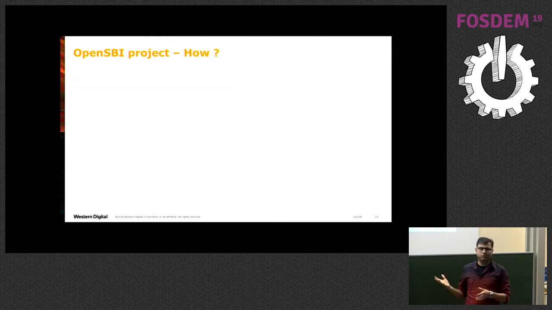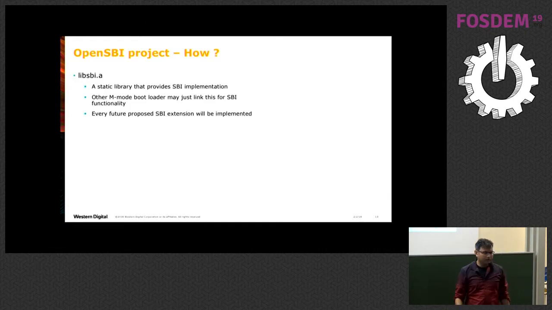So I said a lot of things about what OpenSBI does. Let's see how it does it, what exactly it builds, and how the objective is achieved using OpenSBI. First, it builds libsbi.a, which is just an SBI implementation. It's a static library, and it just implements the SBI. That's it. It doesn't have any other feature.